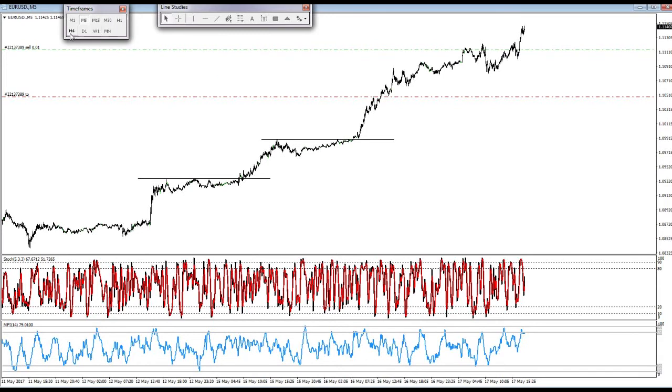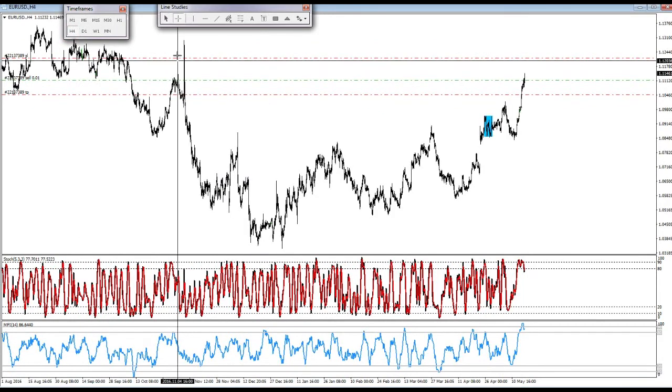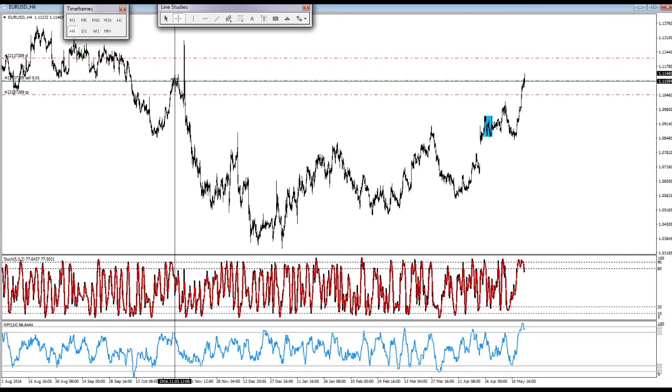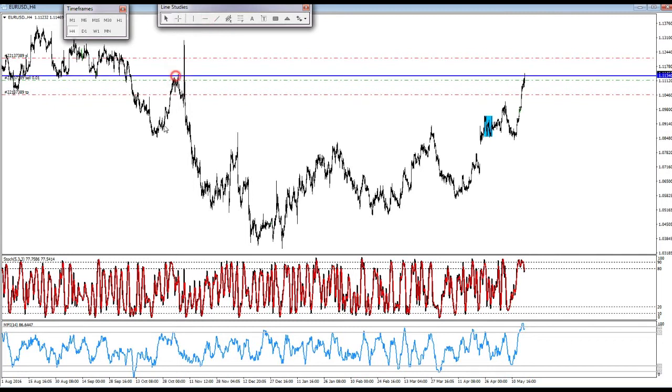If I have a look on the 4-hourly, 3rd November was basically in this region here. If I take an HR line, you can see back in this time there was an HR resistance test which has occurred again here. So that was obviously an opportunity to test for a double top.